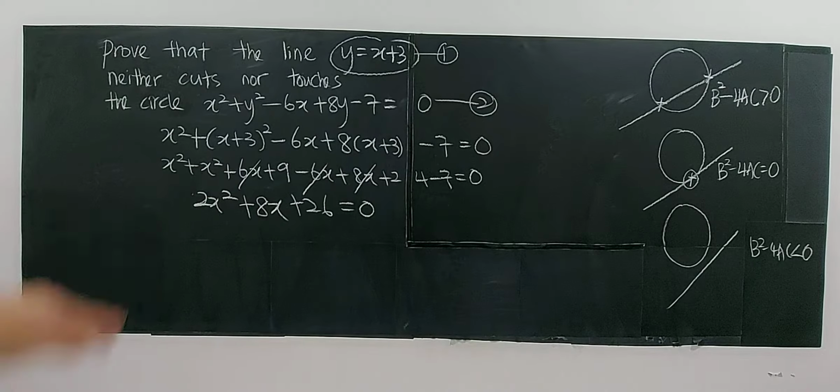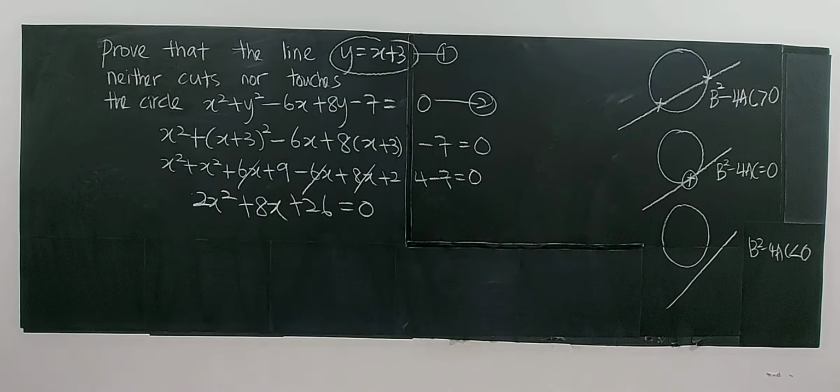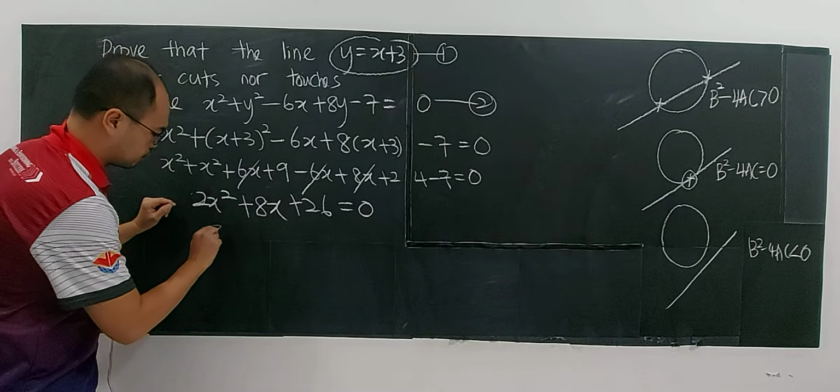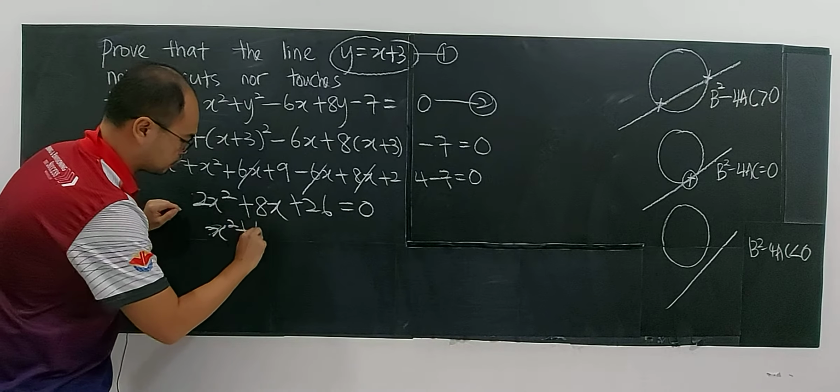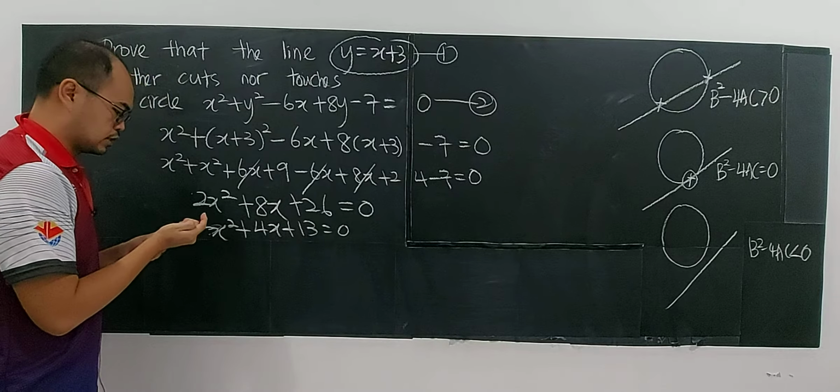So you have 2x squared plus 8x plus 26 equals 0. Divide everything by 2, so you will have x squared plus 4x plus 13 equals 0, right? So this is the equation.